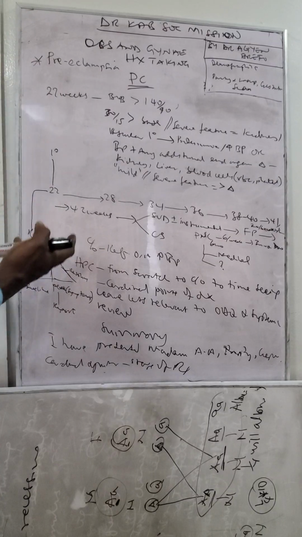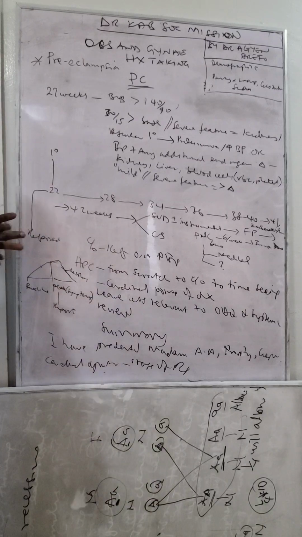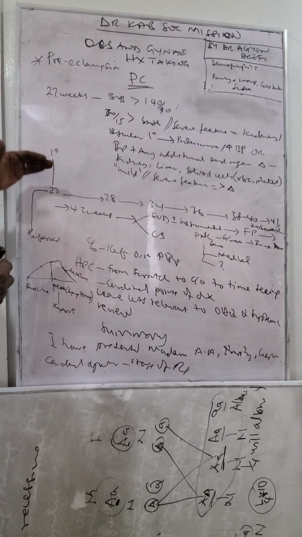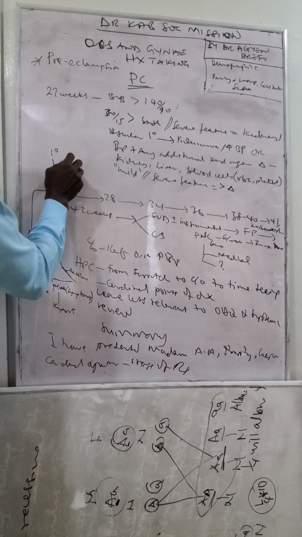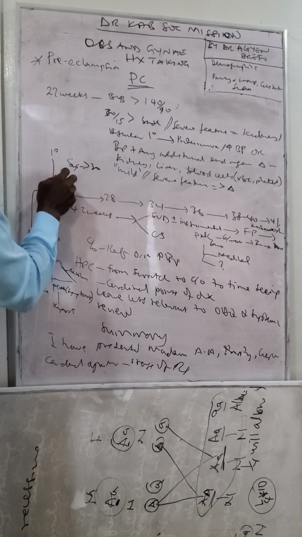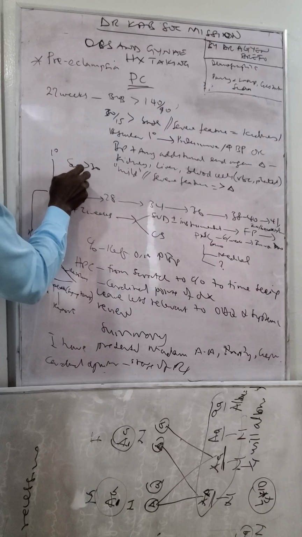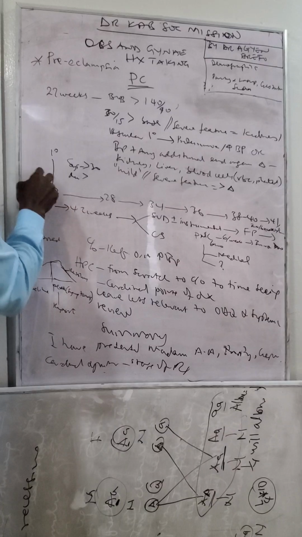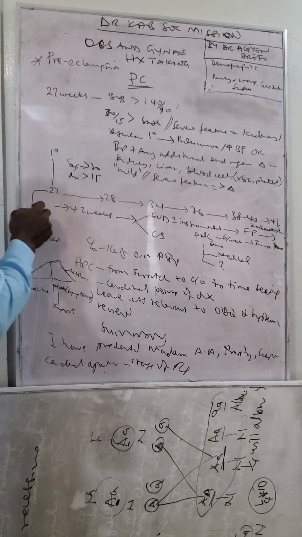So this is just a hypothetical scenario that I'm giving. Let's say the person gets to 22 weeks and then the BP shoots up. The systolic rise is more than 30. The diastolic, the difference from the initial baseline, is more than 15.